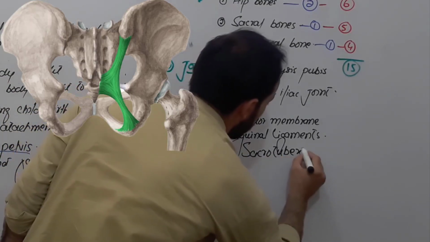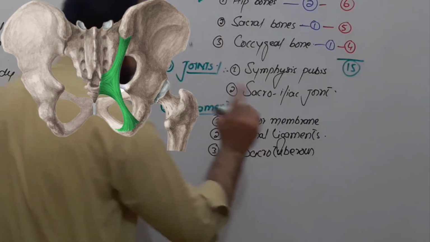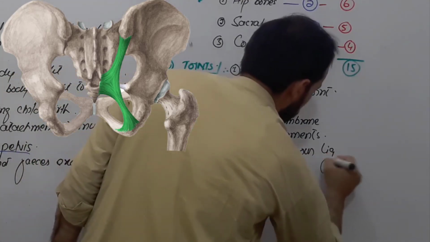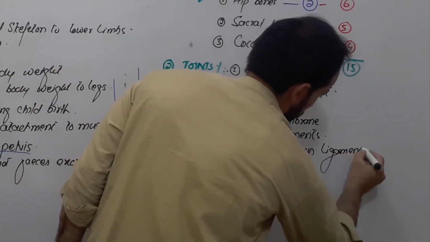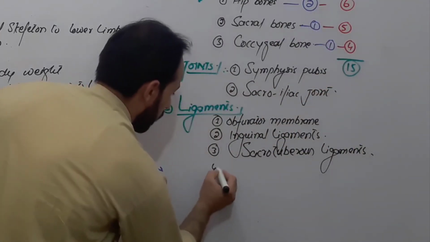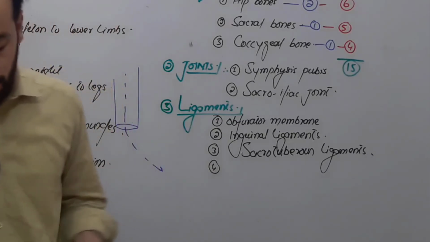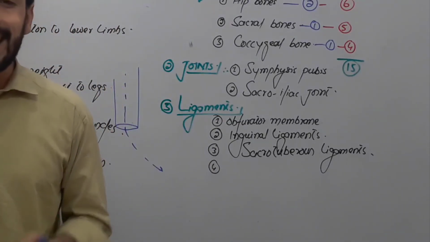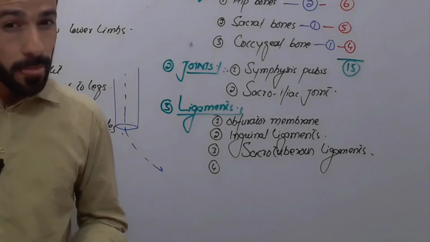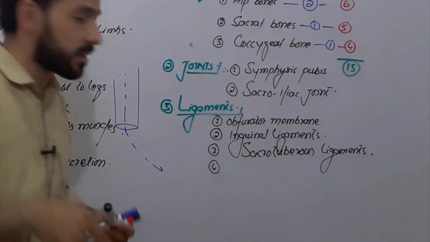I will discuss them later, I'm just naming them. Then the fourth ligament which is found in your pelvic cavity is the posterior sacroiliac ligament, upper. We will discuss it later.